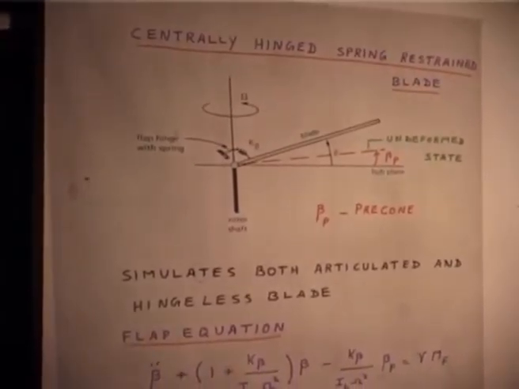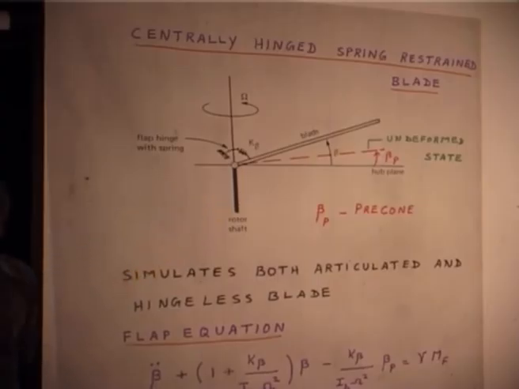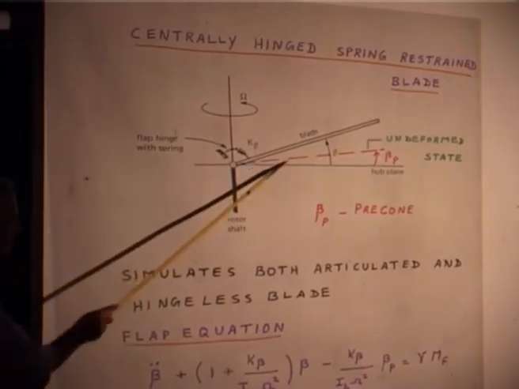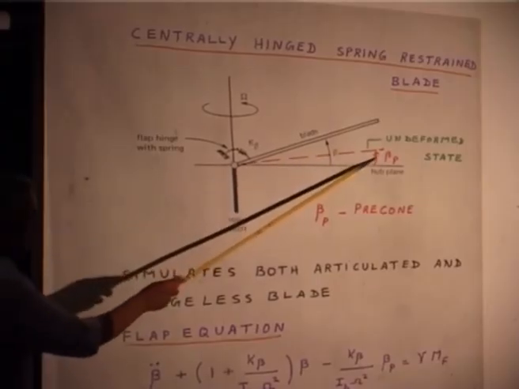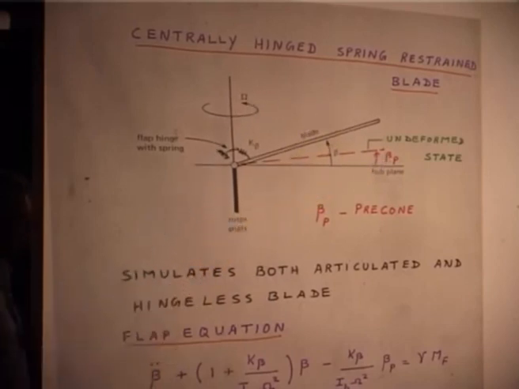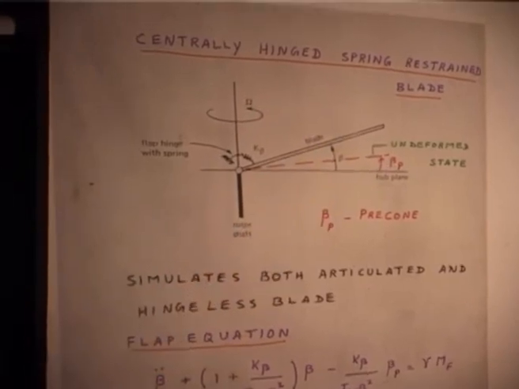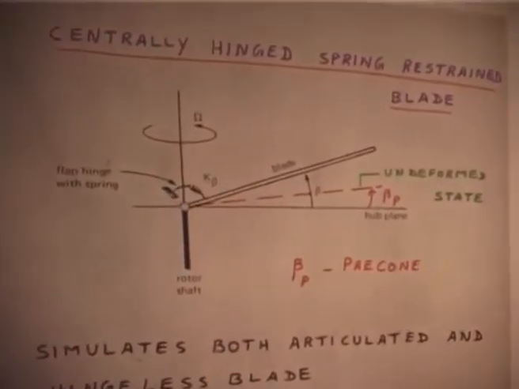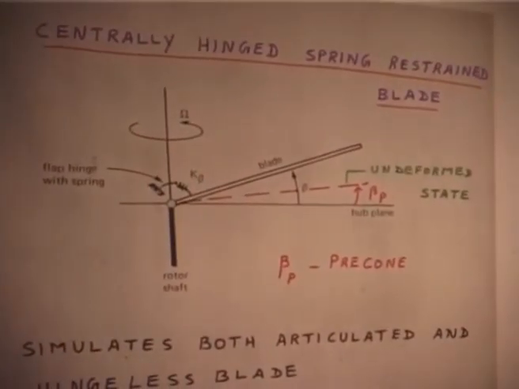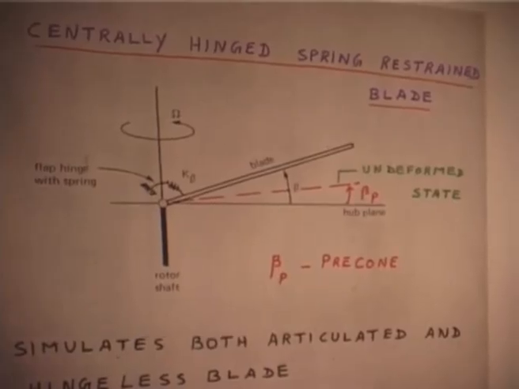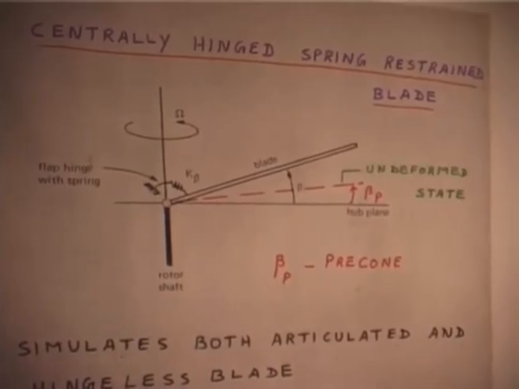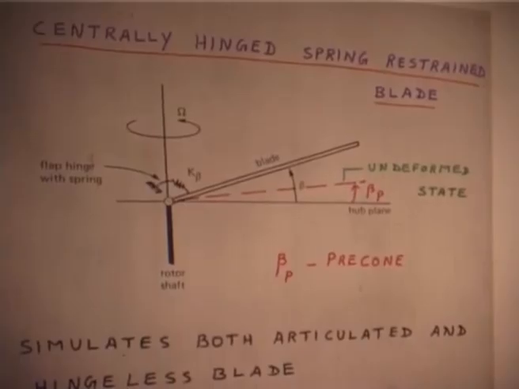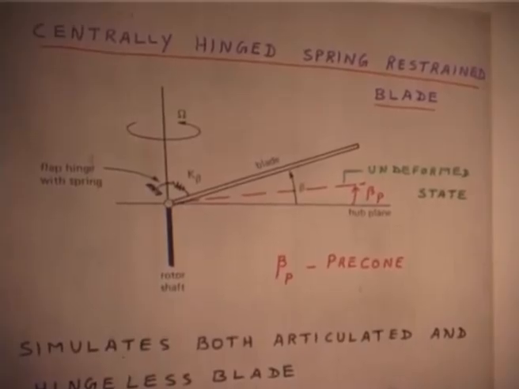And one more thing I have added in this diagram, that I put a red line and I put a beta sub p, which I call pre-cone. That means my rotor blade in the undeformed position is not horizontal, it is slightly kept at an angle.